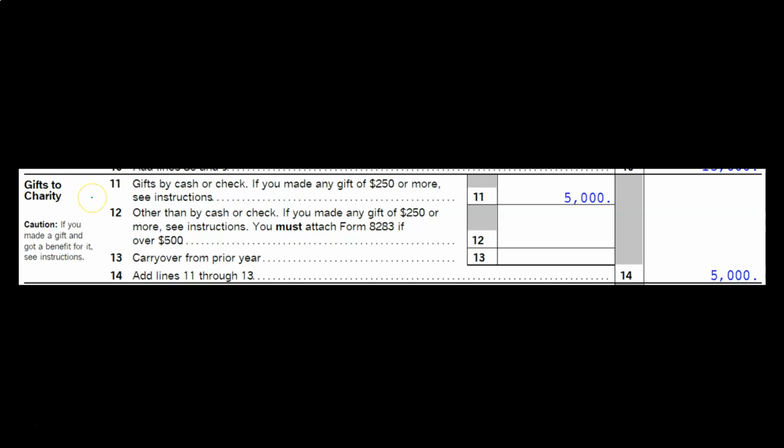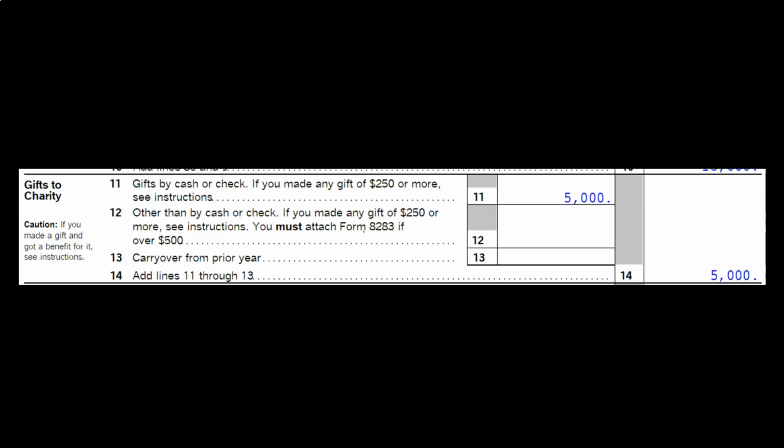So we have line 11, gifts of cash or check. If you made any gift of $250 or more, you want to see the instructions for reporting on it. Other than by cash or check, if you made any gift of $250 or more, you could see instructions. You must attach the 8283. So just by looking at the forms here, we could say, okay, cash gifts would be on line 1 to basically charitable types of organizations.